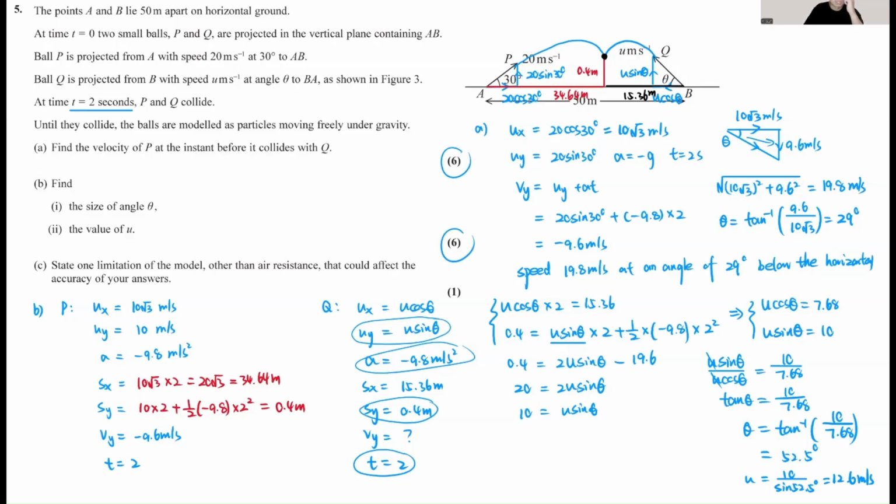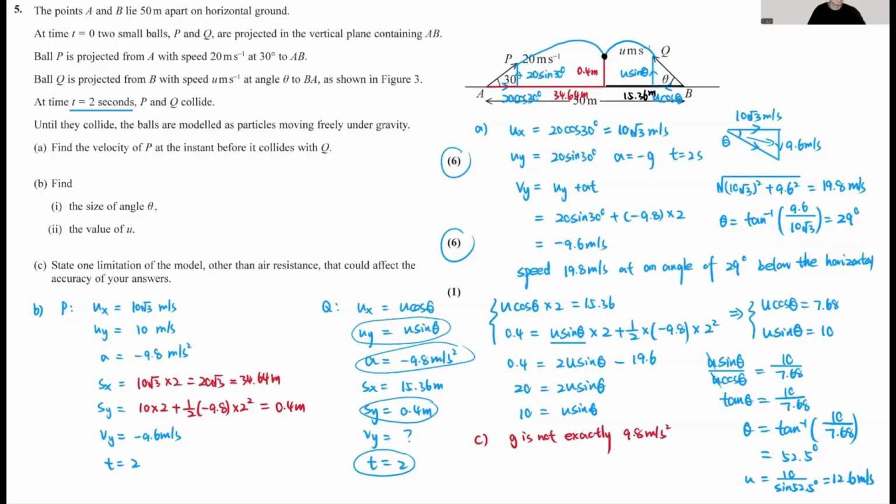Okay, part C. State one limitation of the model, other than air resistance, that could affect the accuracy of your answers. So you just say what we said before. You can say G is not exactly 9.8. We need a more accurate value of G. So G is not exactly 9.8 meters per second squared.